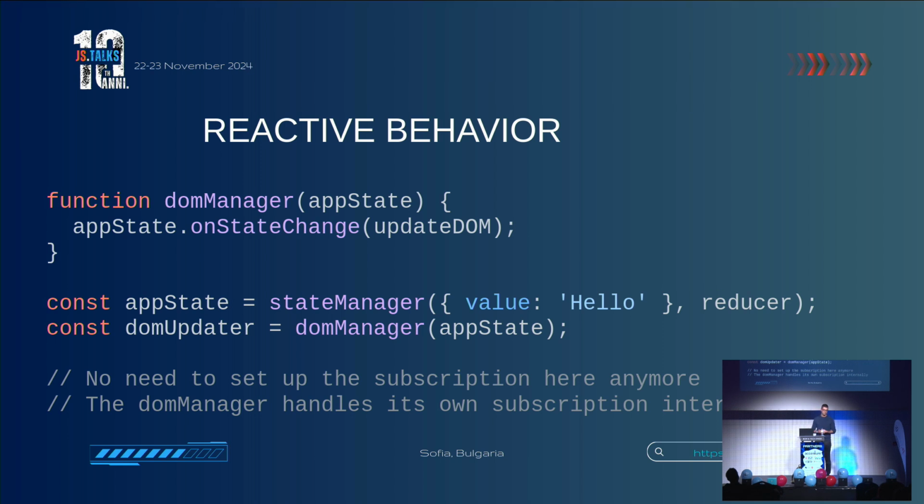To find how the behavior of the DOM manager is defined, we only need to look inside the DOM manager, because in the previous example, to find out how the DOM manager works, we needed to find all occurrences of each module invoking the update DOM function. Now all of this is combined in a single module.